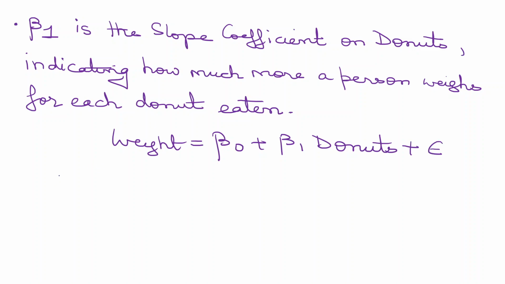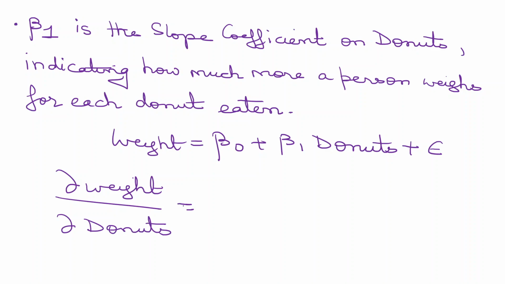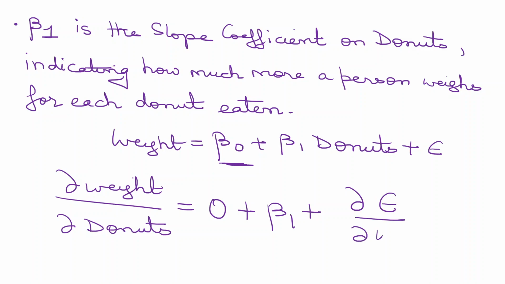If I differentiate weight by donuts, since beta naught is a constant, it is 0, this will be beta 1, and this would be delta epsilon by delta donuts.